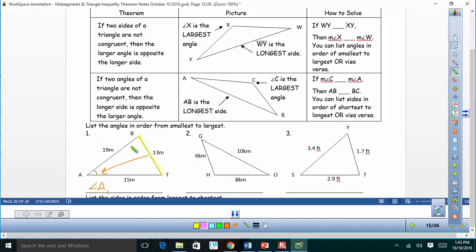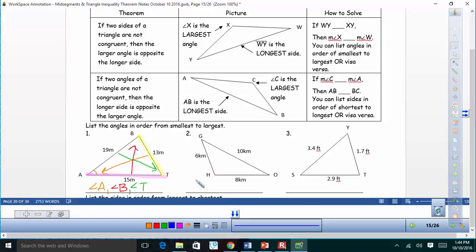I would do the same thing. What's the next biggest side? 15. And that is across from what angle? B. So then angle B would come next. And so what is my largest angle then? Angle T, because it's across from my largest side. Is that pretty simple? Okay, let's try number 2.